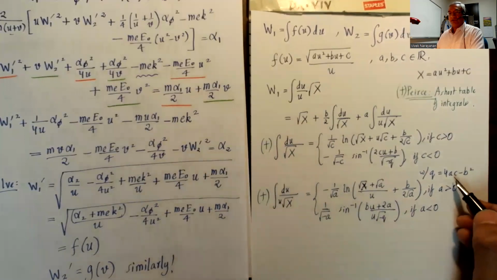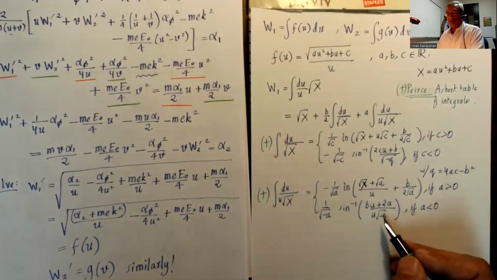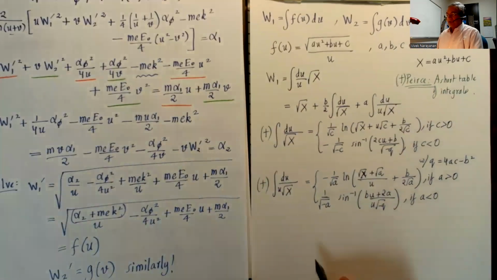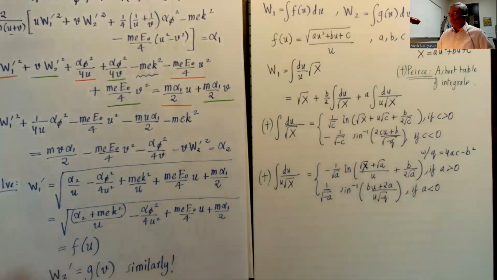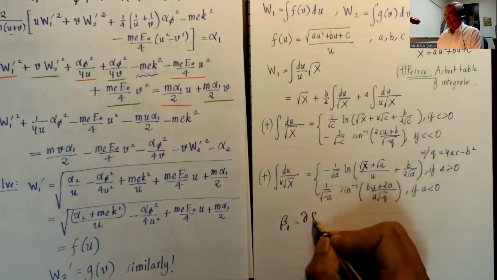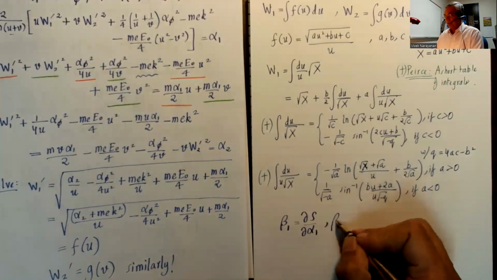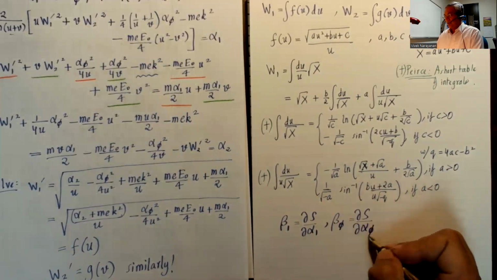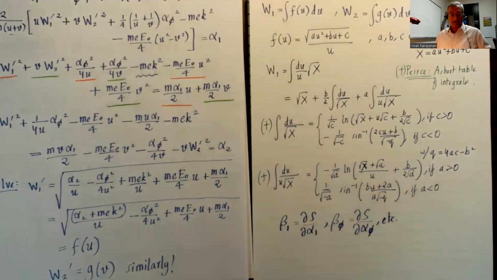Observe that if a is less than 0, then negative q is positive. So there's nothing wrong with putting a negative q onto the square root sign. And similarly for W2, you can do the same type of things. Once you have that, the entire process is finished, and you can get beta 1 equals del S by del alpha 1, beta phi, which is del S by del alpha phi, etc. You can get those and complete the program of the separability.